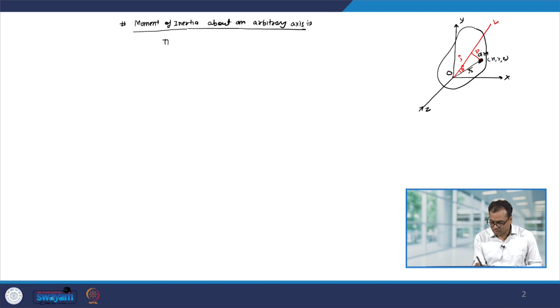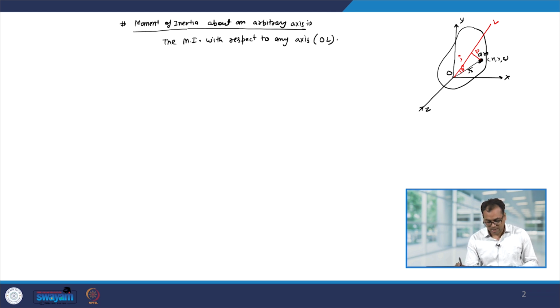Then the moment of inertia with respect to any axis, here that axis is OL and let us say its direction cosines are known because I know at what angle this axis is. So, that is given to me.